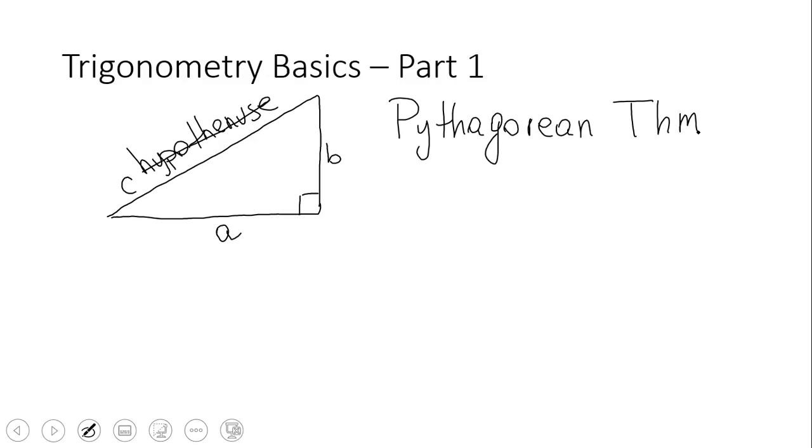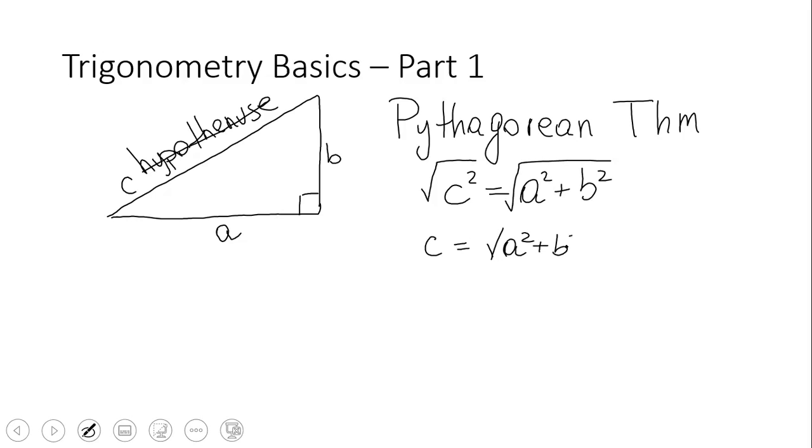It essentially states that the length squared of the hypotenuse is equal to the sum of the squares of the other two sides. Or alternatively, by taking the square root of both sides, we can say that the length C of the hypotenuse is equal to the square root of the sum of the squares of the two other sides.